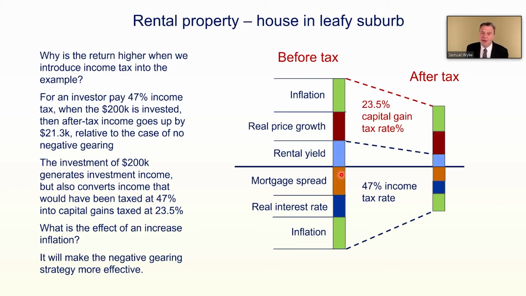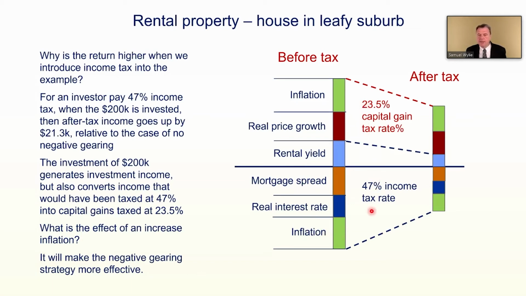Interest rates are going to go up quickly with inflation. Not so quickly over the next couple of years, but ordinarily we would expect interest rates to go up relatively quickly with inflation. And certainly they'll be hand in hand if there's no change in the real interest rate. But this is taxed at 47%, and that's taxed at half.